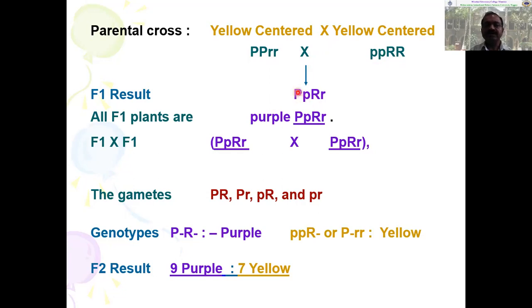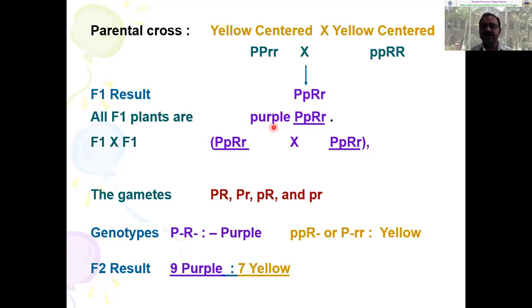Since there is one capital P and one capital R coming together, they will interact in such a way that it will produce purple. Since in this particular combination there is no pair that is homozygous recessive, these are heterozygous, so in that case the F1 are producing purple. So whenever we have one capital P and one capital R in any genotypic combination, that phenotype will be purple.